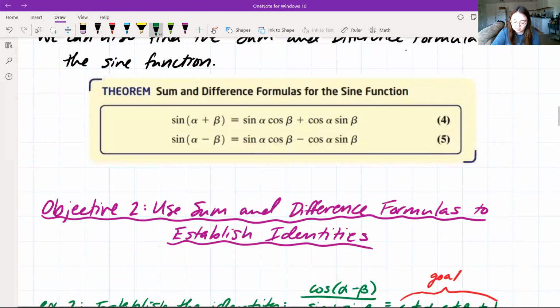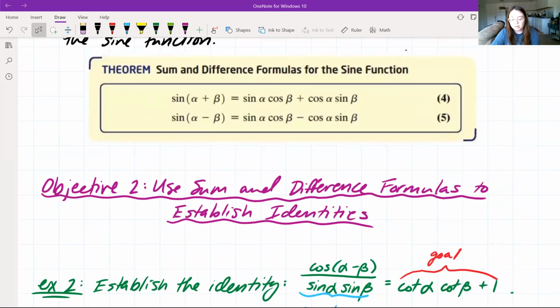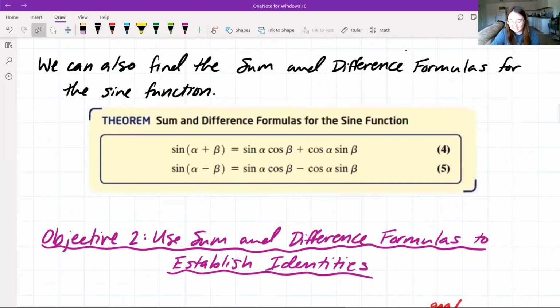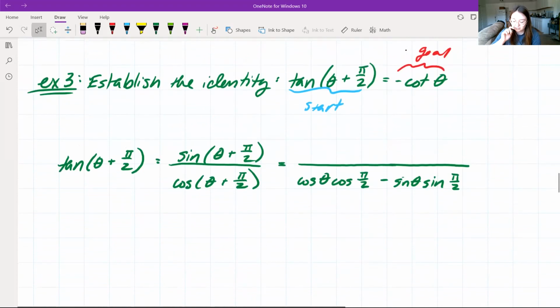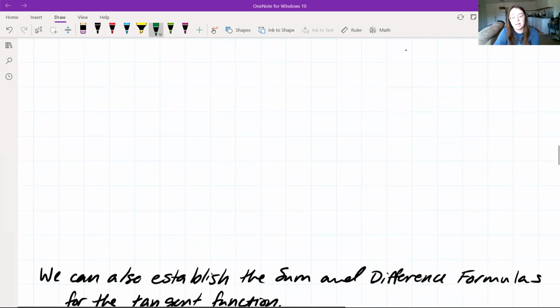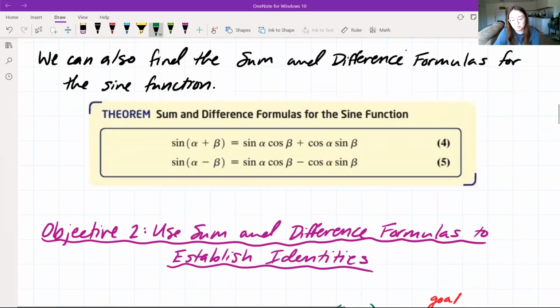Then for sine, sine of theta plus pi over 2 is going to be sine of theta times cosine of pi over 2 plus cosine of theta times sine of pi over 2. I might have flipped sine and cosine in the second part, but since they're being multiplied, it doesn't really matter which one you write first or second.